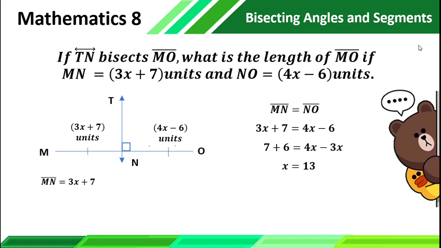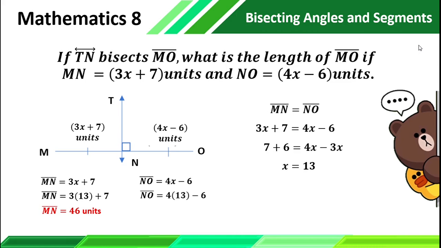For us to find the value of MO, we need to substitute 13 for x in MN. So MN measures 3x plus 7 units. Substitute 13 for x, so we have 3 times 13 plus 7, or simply 46 units. The same with NO. NO is equal to 4x minus 6 units.